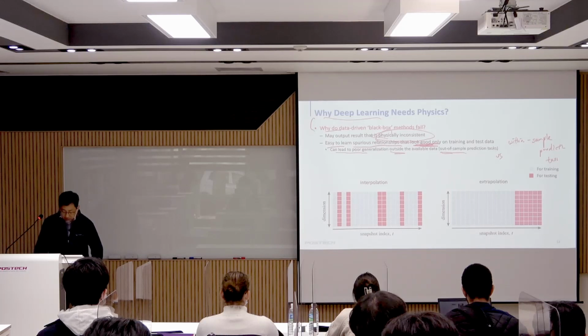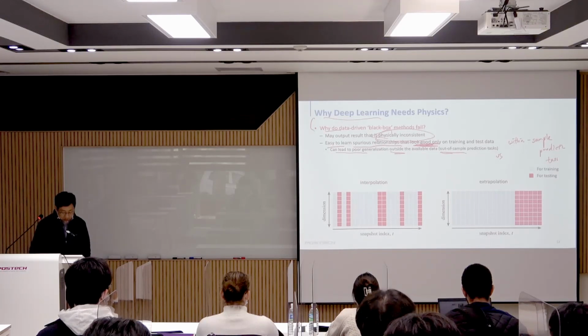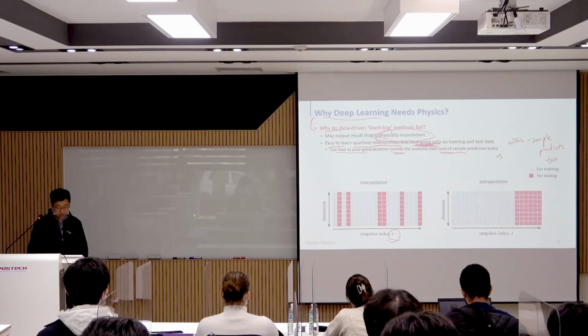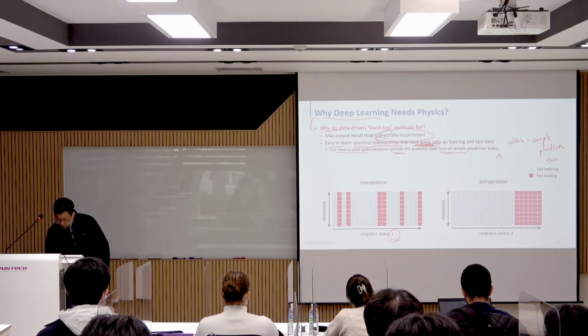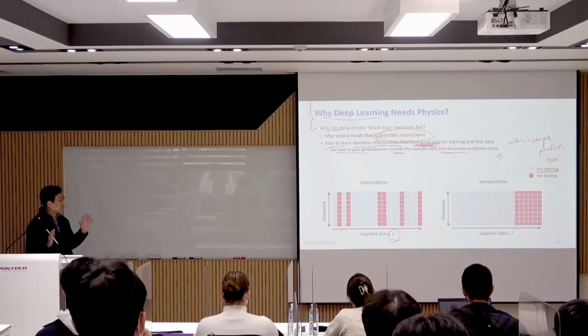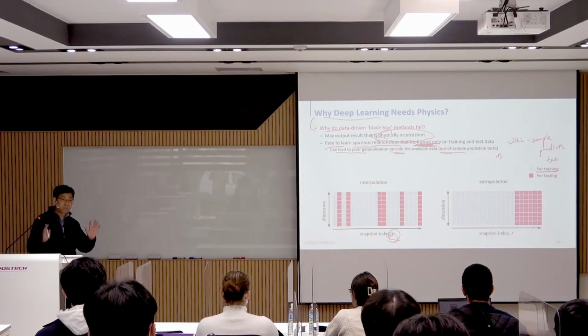To visualize it, let's think about this. Suppose we have a time series data set, and in training, say the gray. I want to build up models as a function of time, any kind of models.